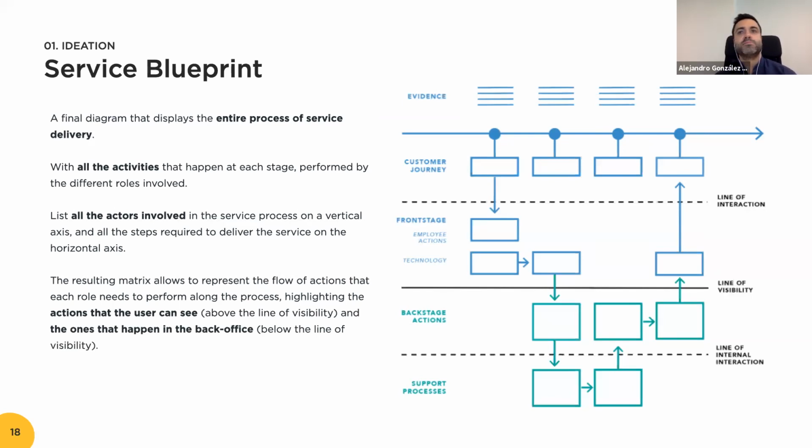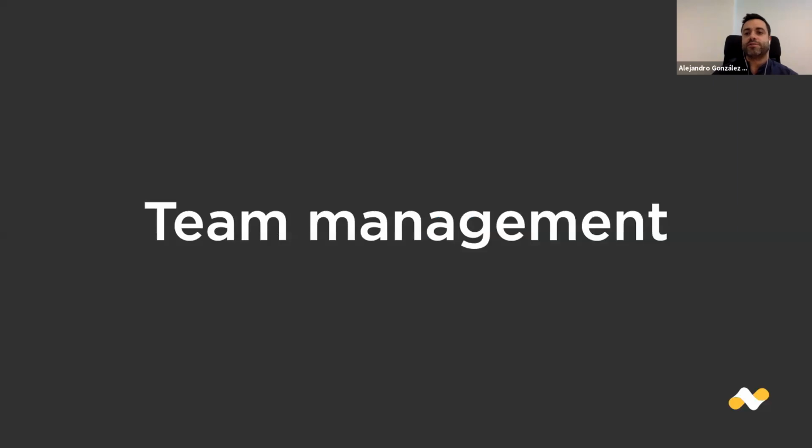So this map is very important for you to understand all the interactions on your product before even doing a design on your platform, right? These three tools, there are a lot of tools in service design, a lot of methodologies, a lot of things that you could do, but these ones are the most interesting ones because they give you a clear picture of your platform, right?